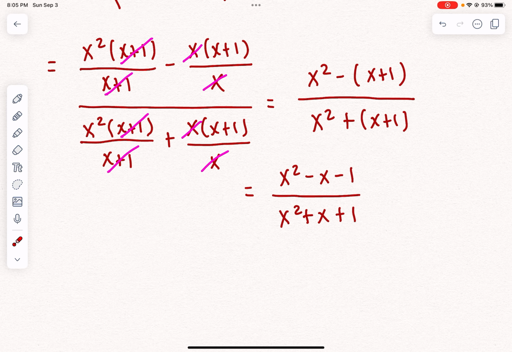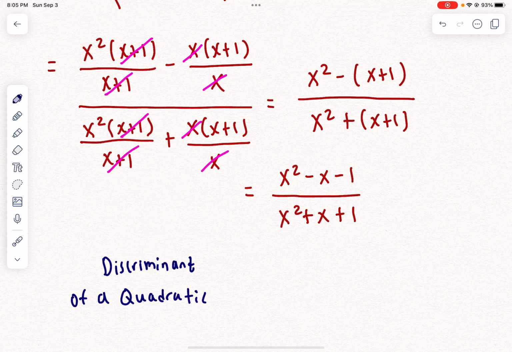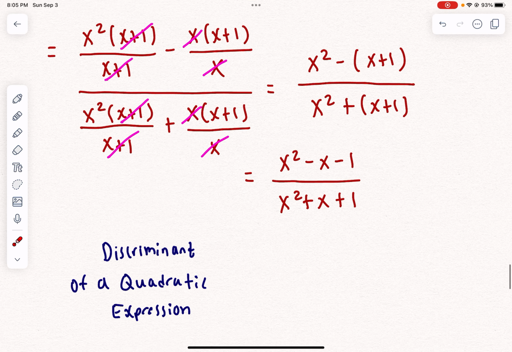One way to figure that out is by finding the discriminant of a quadratic expression. I just want to let you know that the top one is actually factorable. But if we look at the bottom one, x squared plus x plus 1, let's find the discriminant of that.